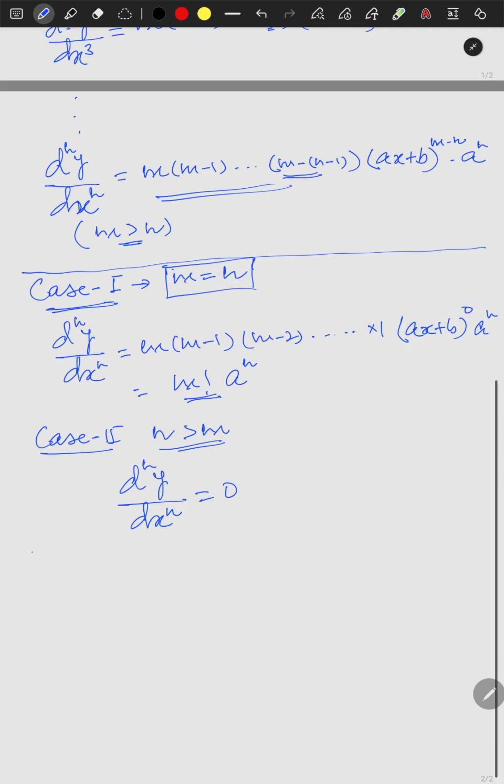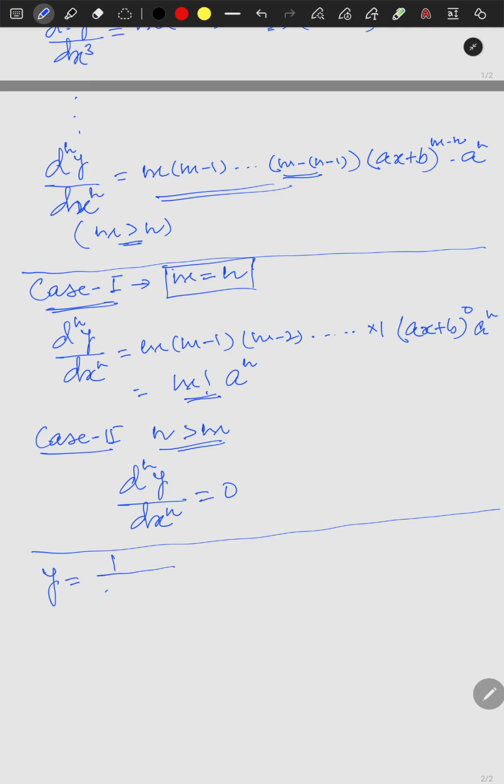Fine. So this is another sub case. Now we are having some more standard results related to this. For example, if you are given y as 1 over ax plus b, this will be (ax plus b) to the power minus 1. So here this is your m.